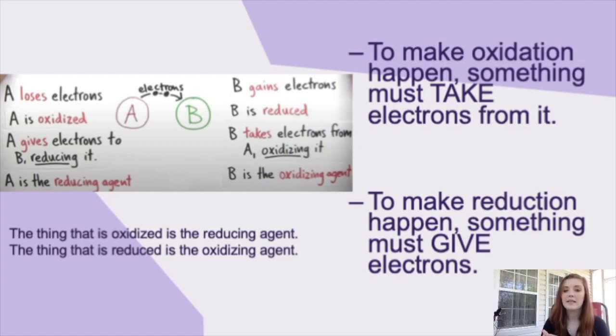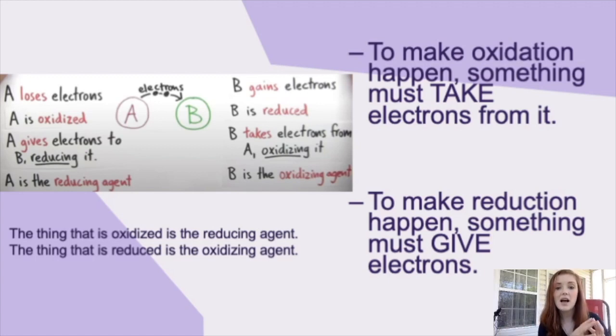On the flip side, atom B is taking the electron from atom A, so it's oxidizing atom A. The thing that is oxidized is the reducing agent, and the thing that is reduced is the oxidizing agent.